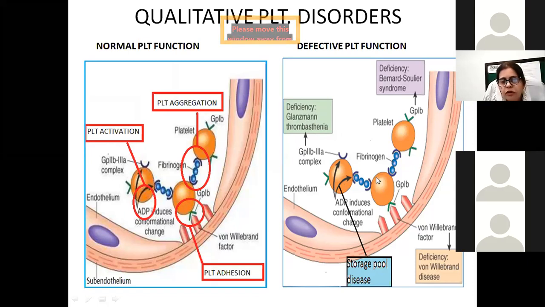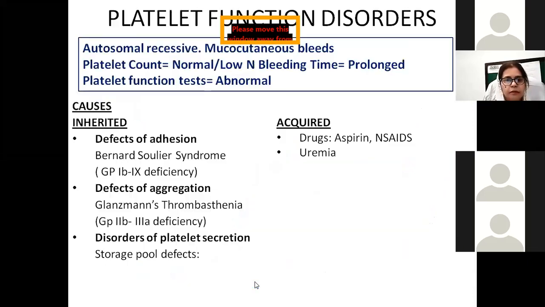So we have defective adhesion due to von Willebrand disease or Bernard-Soulier syndrome, which is the deficiency of glycoprotein 1B, or we can have glycoprotein 2B3A deficiency giving rise to Glanzmann's thrombasthenia.